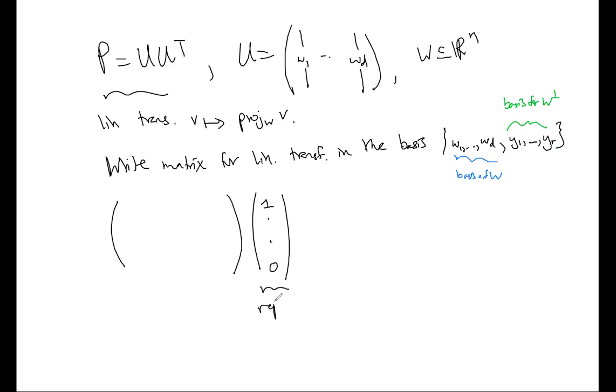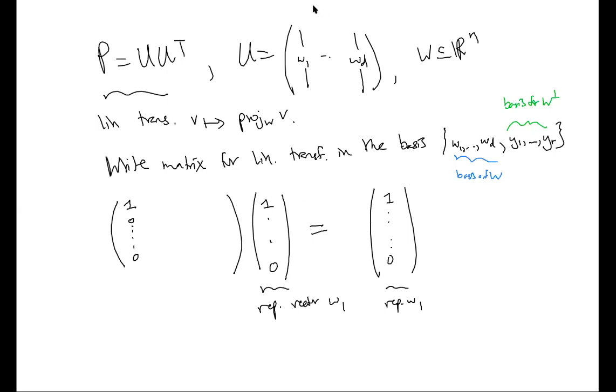This represents the vector W1, because that's our first one. So what should this equal? If we plug in W1 to this projection, you should just get back W1. So this should just equal 1, 0, 0, 0. This represents W1, which tells us that our first column is 1, 0, 0, 0, 0.